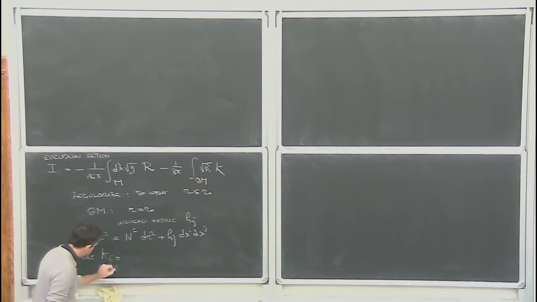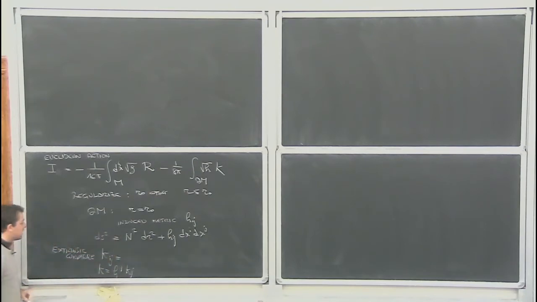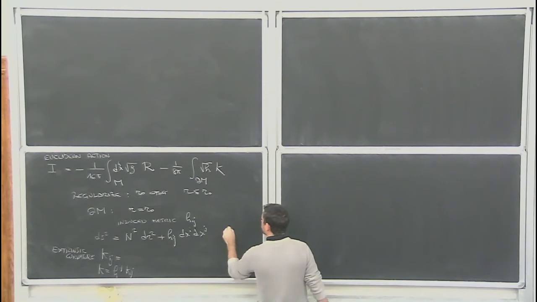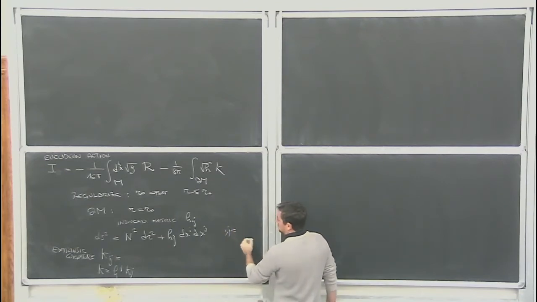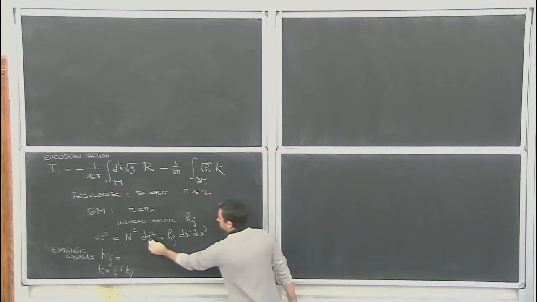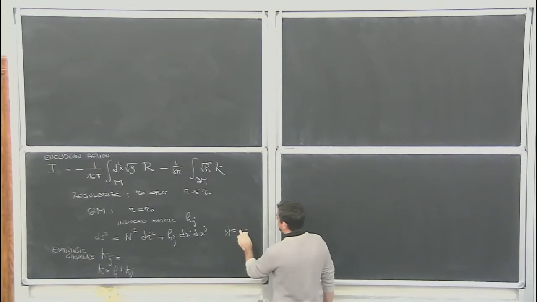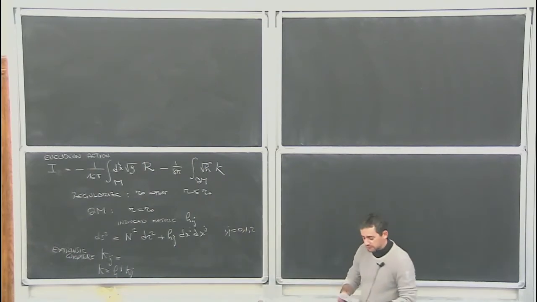So its trace is just h^ij K_ij. Here i, j go over all the indices excluding r. So in our case, it would be 0 for the Euclidean time, 1, 2, and I'm not counting r here.